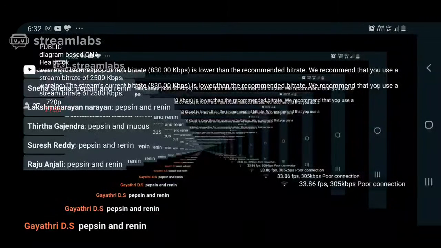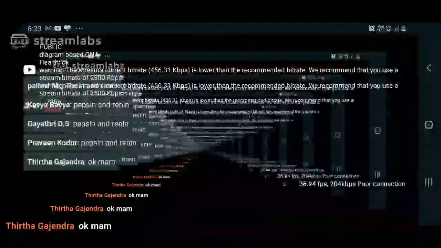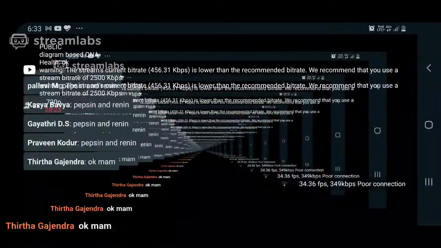But when we speak about the enzymes, it is pepsin and renin. Is that the right answer? Is that okay, Harshita? Is that clear, Harshita? Okay, it's cleared. Pepsin and renin are secreted in the stomach.